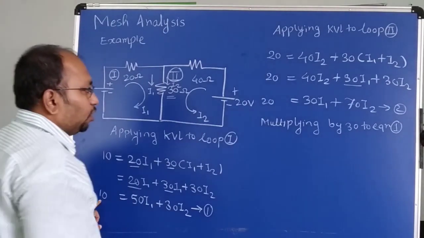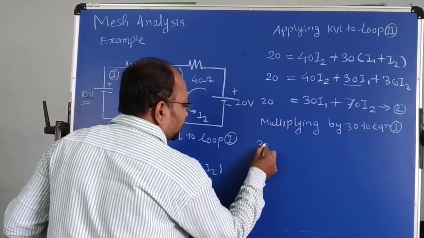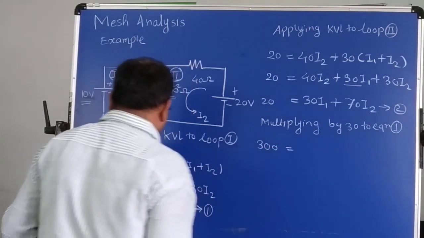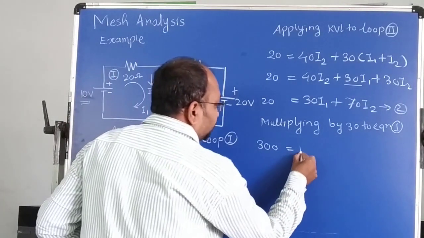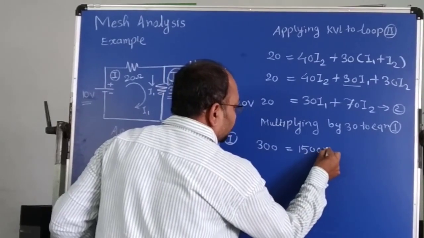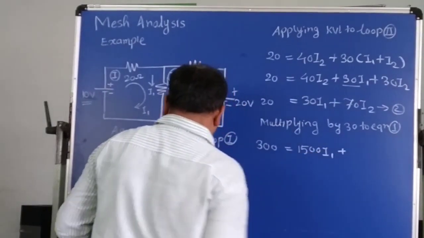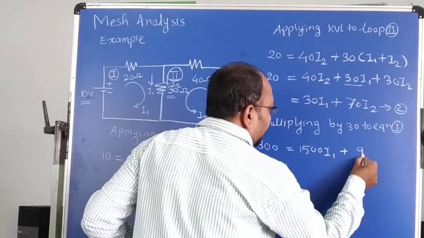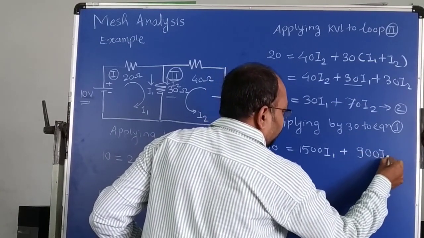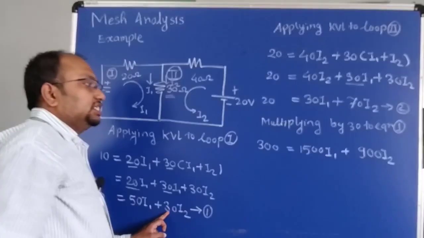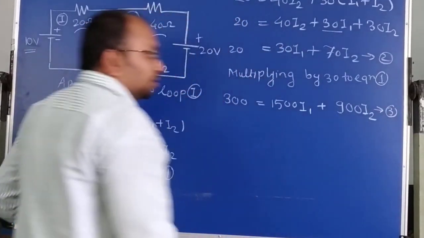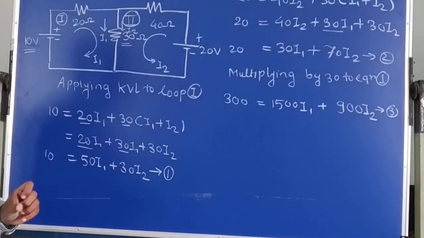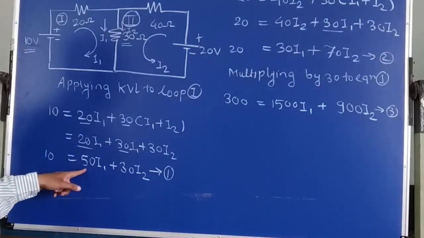10 into 30, how much will it be? It will be 300, is equal to 50 into 30, 1500 I1, plus 30 into 30, 900 I2. Okay, so let us say this is equation number 3, after multiplying 30 to equation number 1.